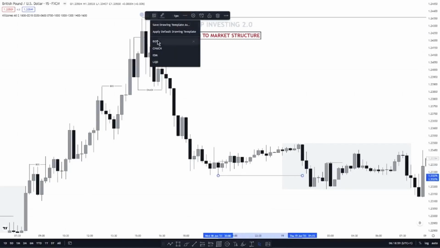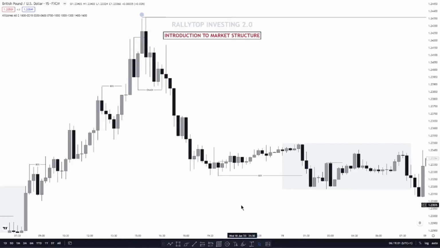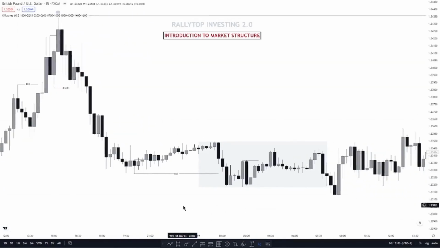All right? BOS. Okay? And after that BOS, where is the lowest low here? Well, the lowest low is this one here. Let's see whether this is the lowest low. And as you can see, that low is protected, because no candle came down to break it.